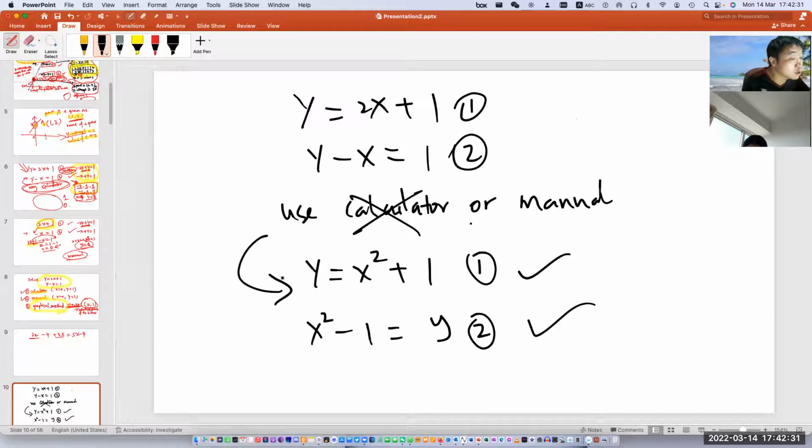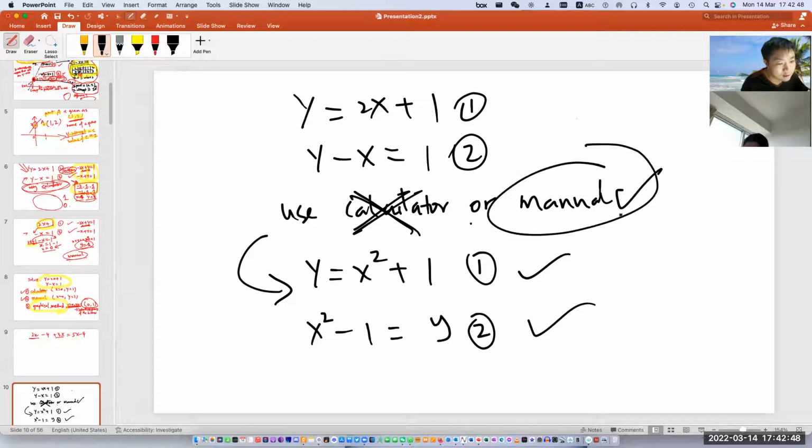Your school also does not want you to have a very powerful calculator with which you can solve all questions. So your version of calculator cannot. Manual, yes, can, but very, very tedious.